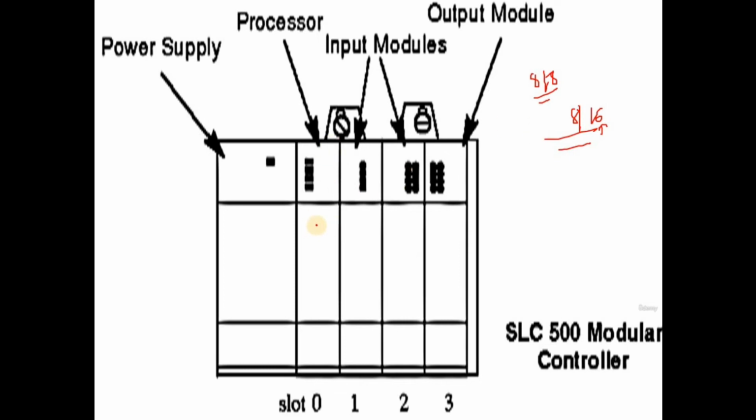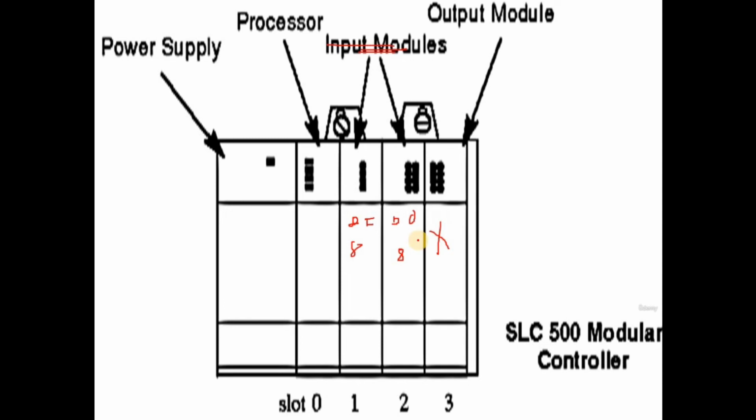Here you can see we have added 8 inputs and 8 outputs, and we need to fulfill the requirement of 8 more outputs. Actually, this is the digital input card, this is the digital output card, and let us assume that this slot is empty.